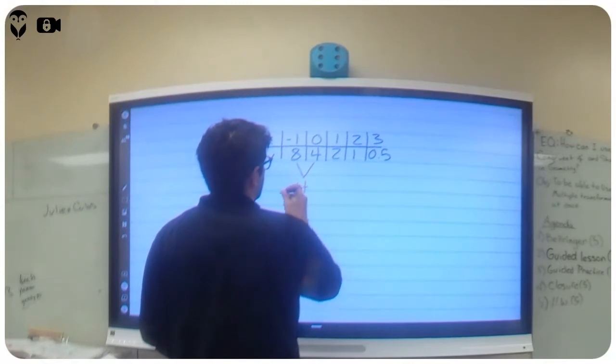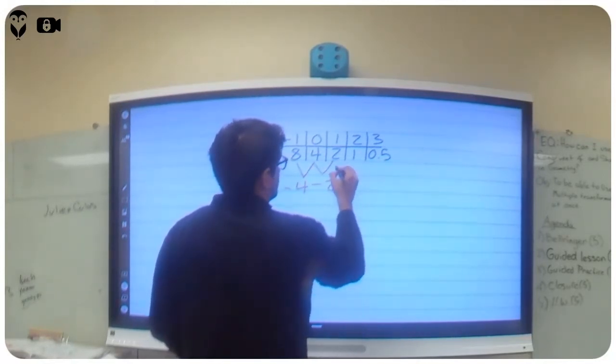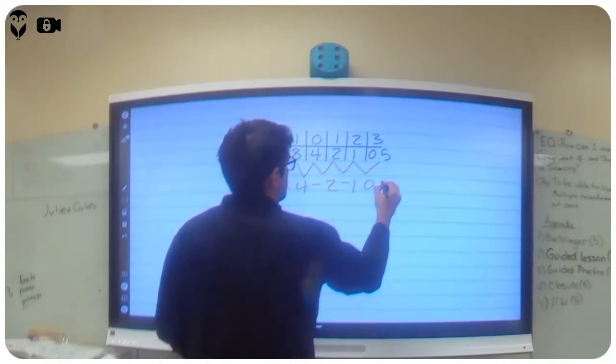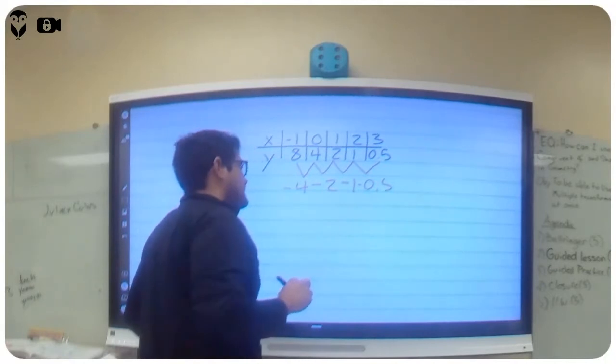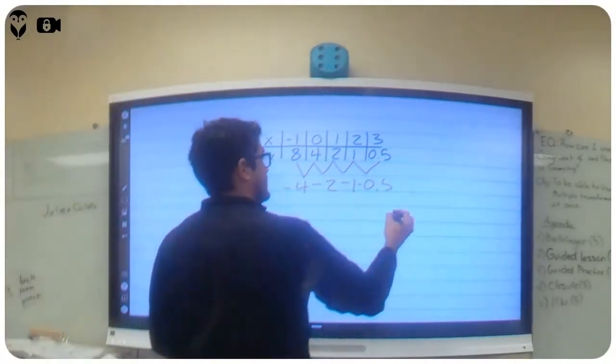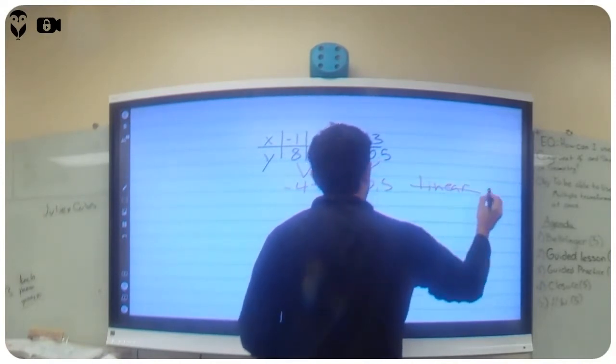You're subtracting. Then you've subtracted 2. Then you've subtracted 1, then you've subtracted 0.5. That doesn't work out, so it's not linear.